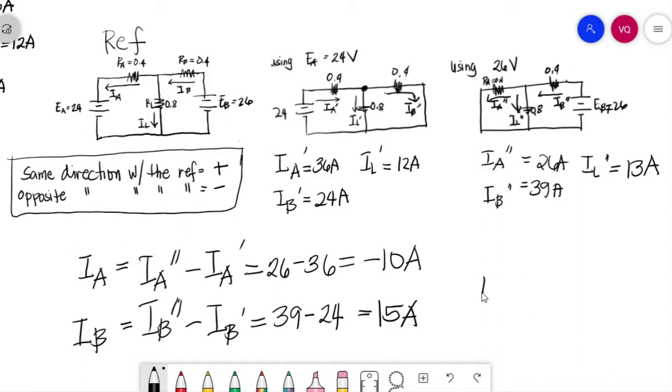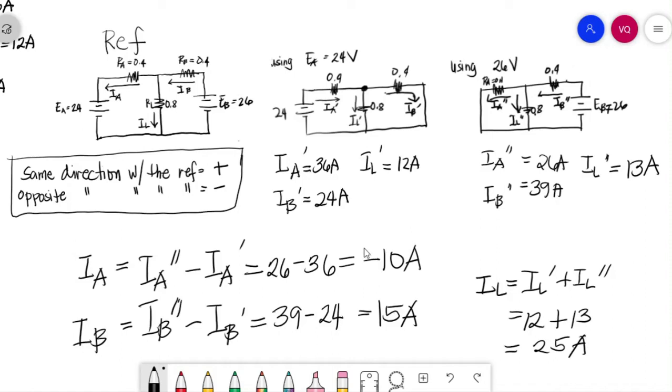IL is equal to, downward silang dalawa, IL prime and IL double prime. So IL prime plus IL double prime. So that is 12 plus 13 equal to 25 amperes.